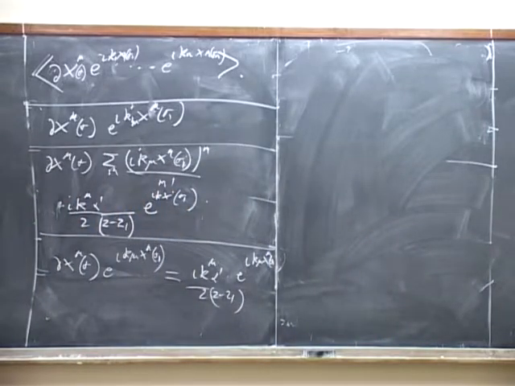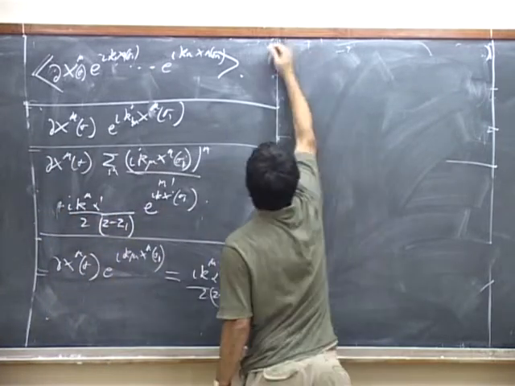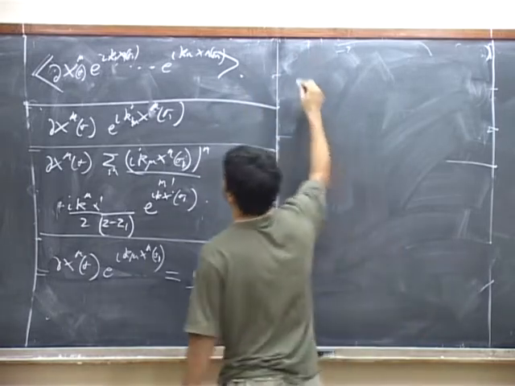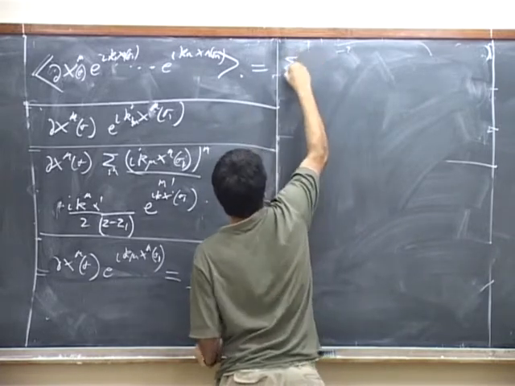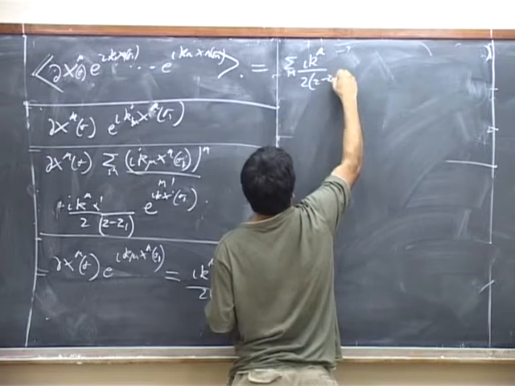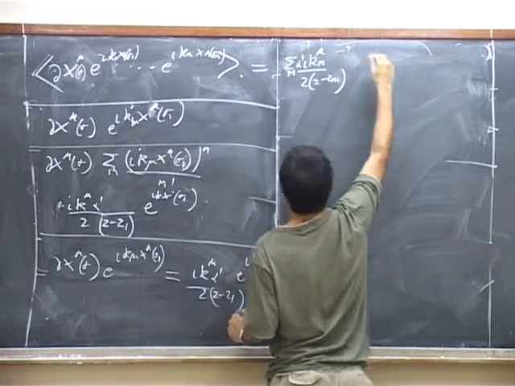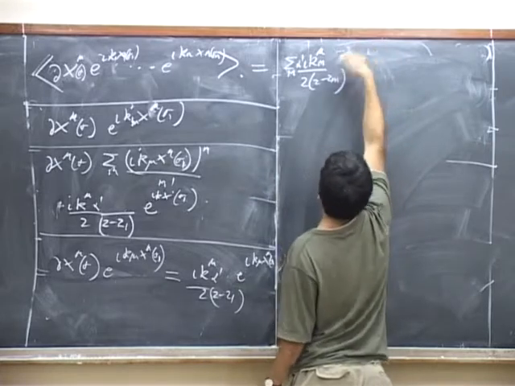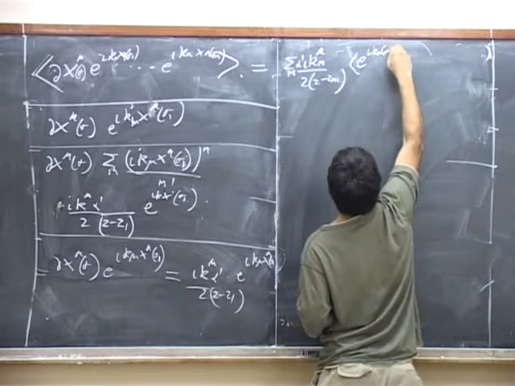Okay. So now if you look at the singularities with the other variables, you get the same kind of thing. So the singular part of the OPE includes a piece that is the sum over m of i k^μ_m α'/2 1/(z − z_m) times e to the power of the expectation value of e^{ik_m x(σ_m)}.